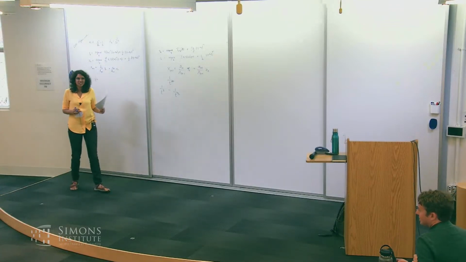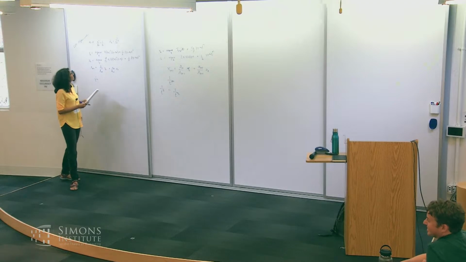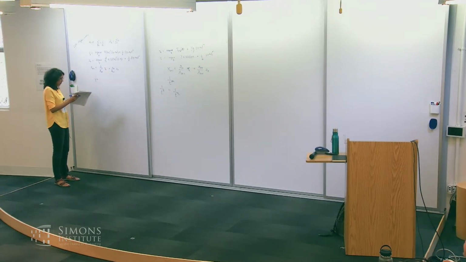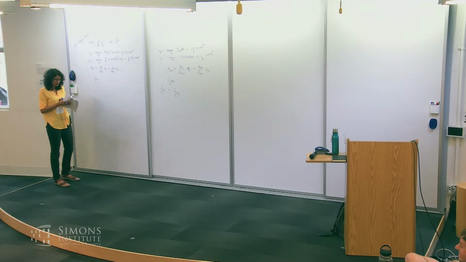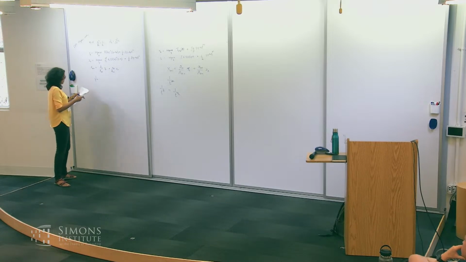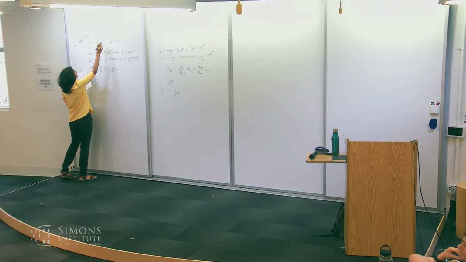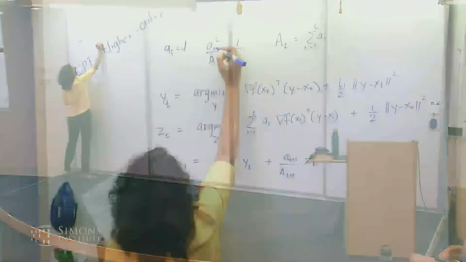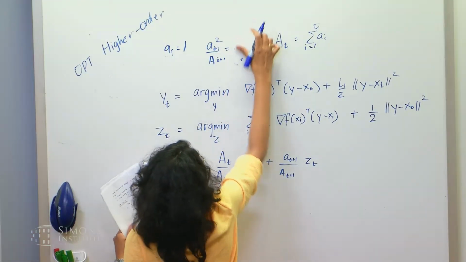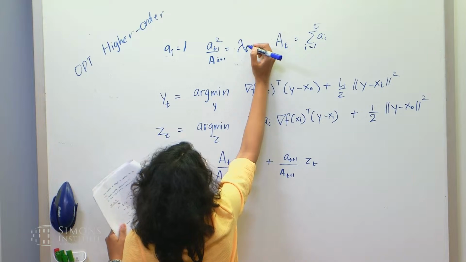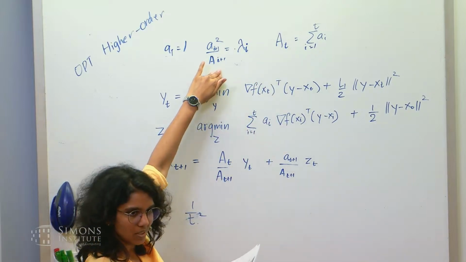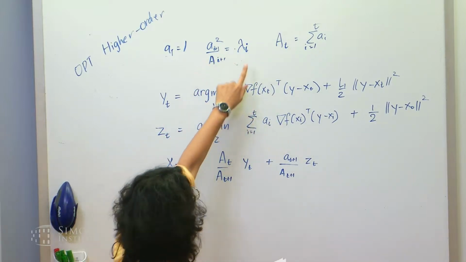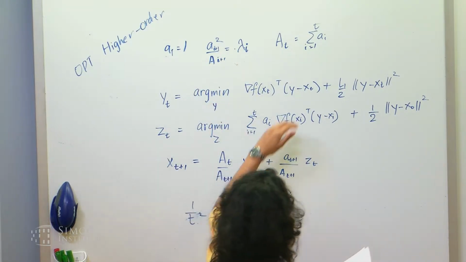Okay. So let's see what this algorithm looks like. So the first change is, let me write this, the first change is this is not a constant anymore. This depends on something, so it's changing.